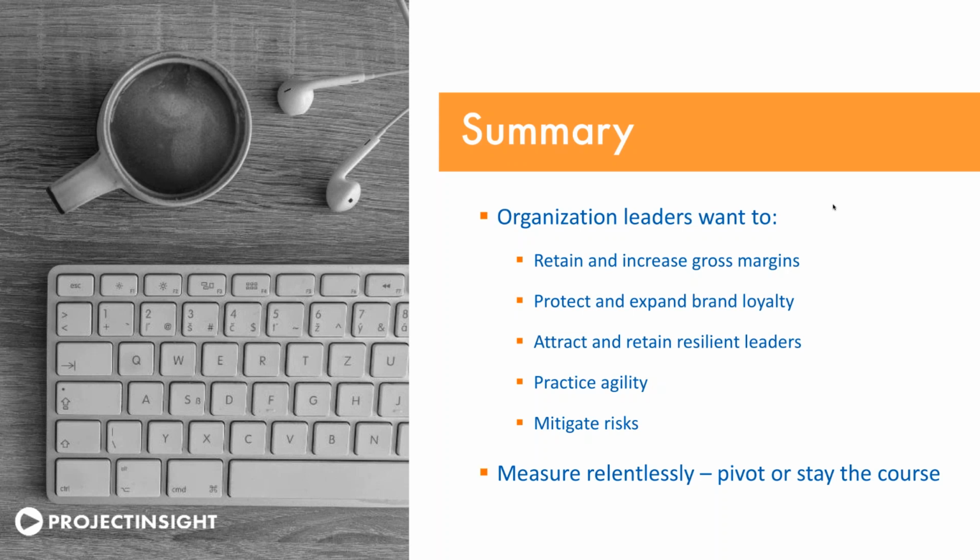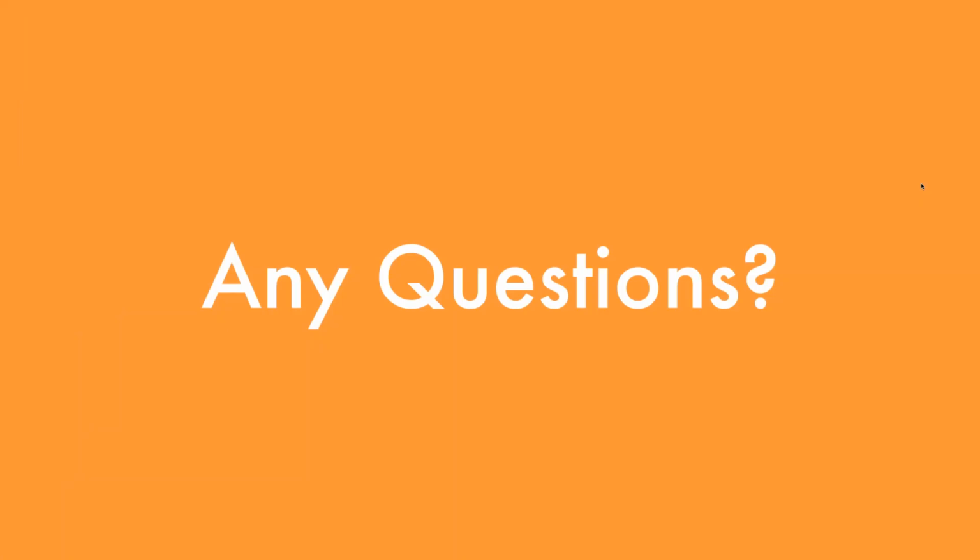And I just say, measure relentlessly as you're going through this transformation or this adoption so that you could make a decision to pivot or stay the course. Don't forget about strategy, and don't forget about portfolio. I think they're essential to have a well-rounded picture of what you would like to achieve as an organization. So, any questions?